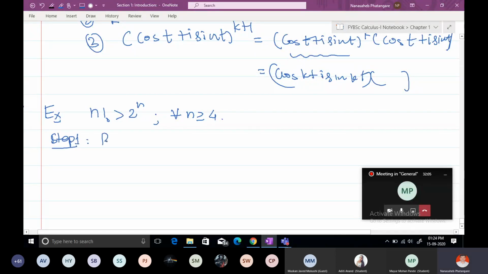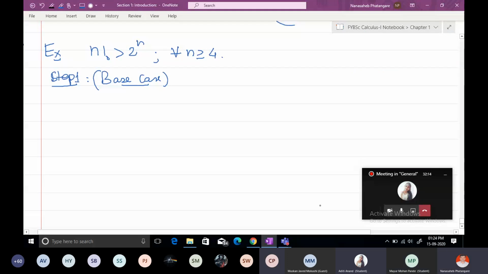So in this case, what should be the base case? n equals 4. Right, n is equal to 4. So prove for the base case n naught is equal to 4.